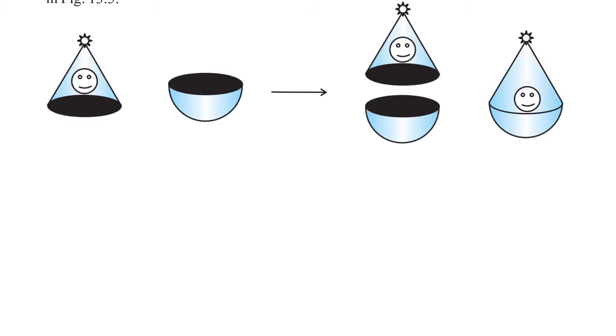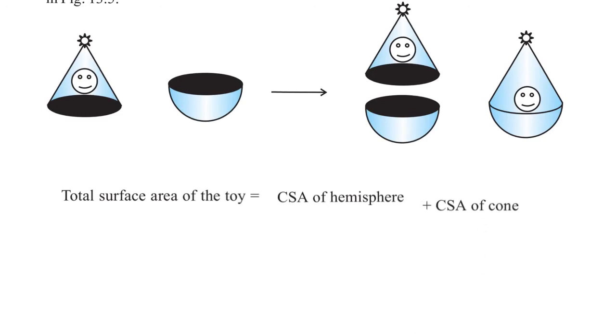We would need to know the surface area of the toy, which consists of the curved surface area of the hemisphere, and the curved surface area of the cone. So, the total surface area of the toy will be equal to the curved surface area of the hemisphere plus the curved surface area of the cone. So, let us consider some examples in solving the problems with this idea in mind.